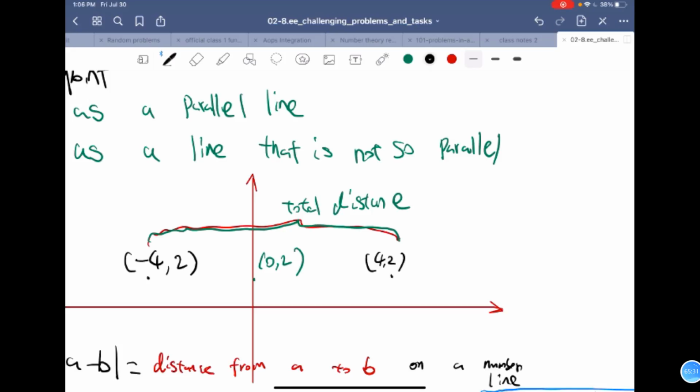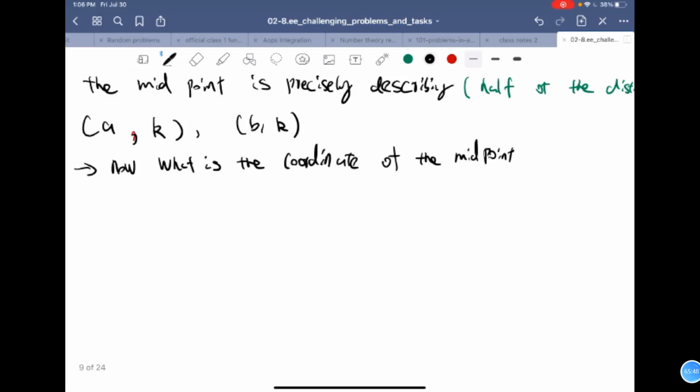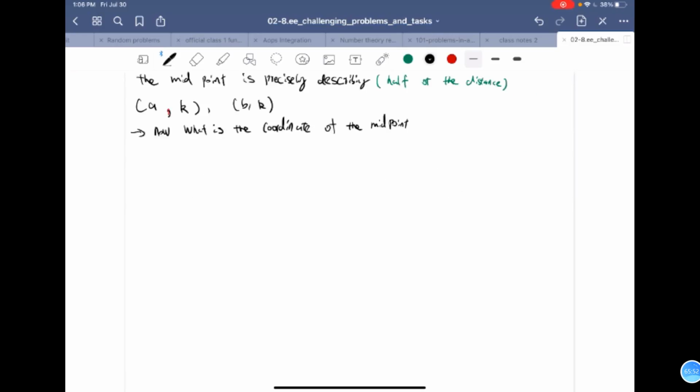This is not exactly half, but it is half actually. You cut it in half, and you get there, right? So how would you describe it? Using absolute value, something we just learned. The absolute value of a minus b divided by 2.